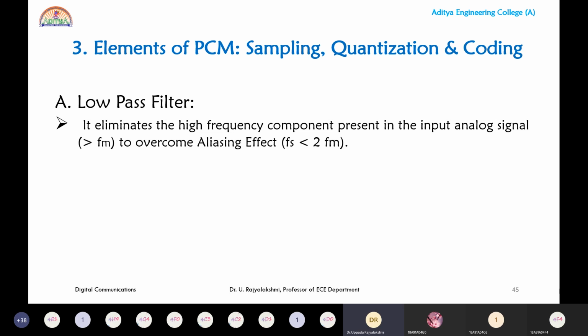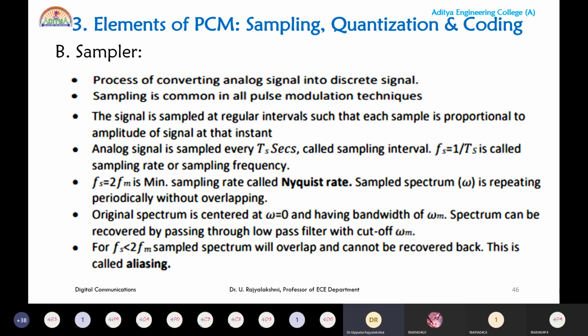Now let us move to the next slide. What is the next block? The sampler. In the further slides, we will discuss each and every element of the PCM in detail. So what is a sampler? The sampler converts the continuous amplitude, continuous time signal into a continuous amplitude, discrete time signal.